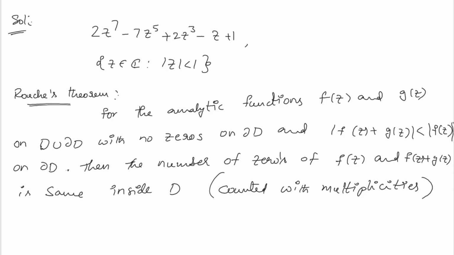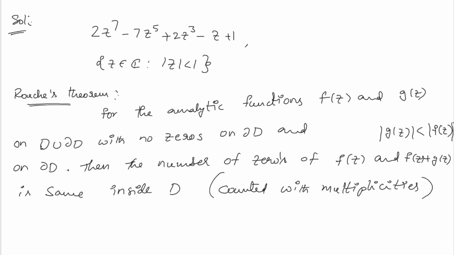So now by using this Rouche's theorem, we solve this problem. For this, we have to choose the two functions f of z and g of z in such a way that modulus of g of z is less than modulus of f of z only on that boundary dou D. Sorry, there is a mistake here.